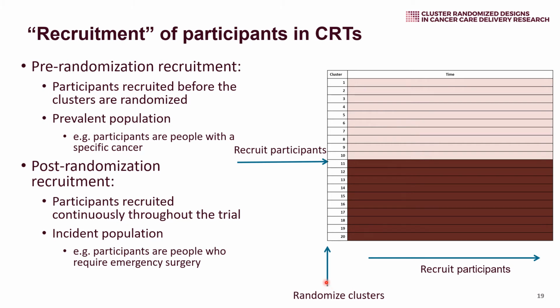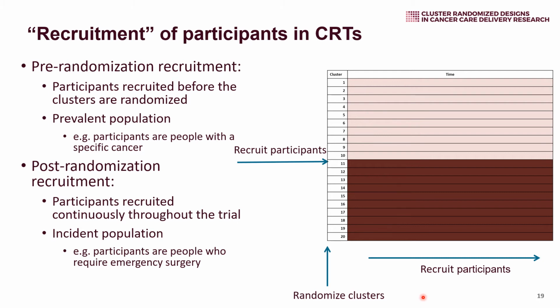However, what happens more commonly is what we term post-randomization recruitment. So participants are recruited continuously throughout the trial. So the clusters are randomized, and after the randomization of the clusters has occurred, participants are then recruited. Now, this type of setup often happens in what we term incident populations.